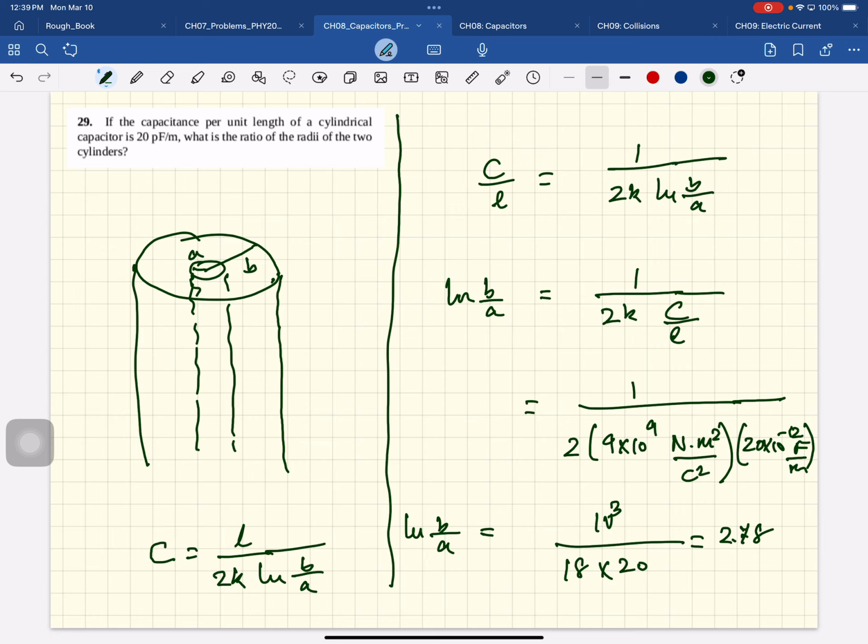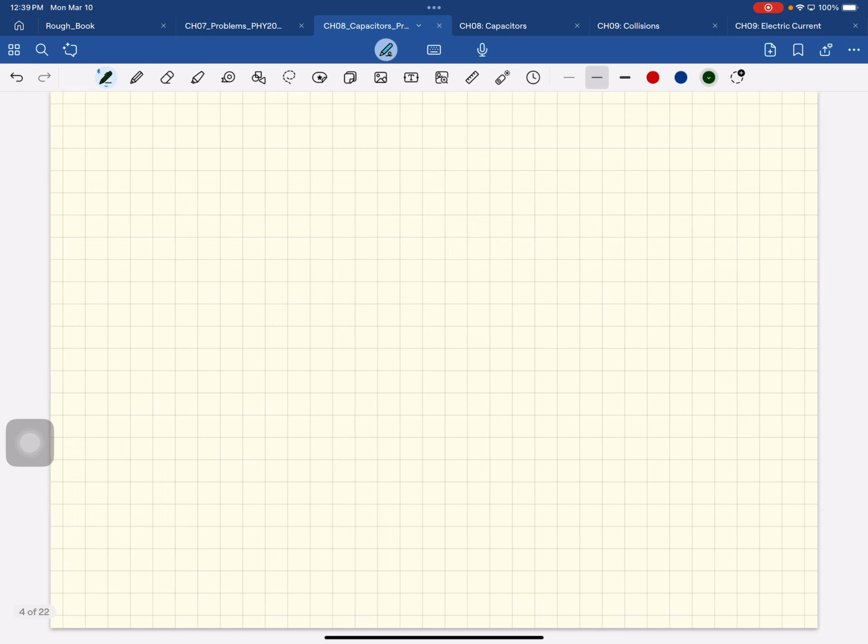And now to find the ratio, okay, and these two are inverses of each other, so B over A equal to e to the power 2.78.